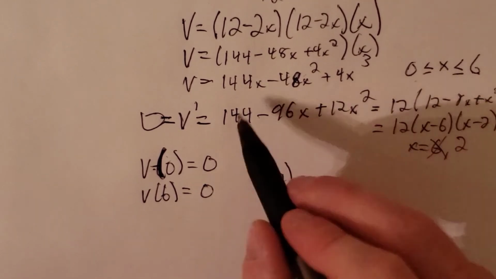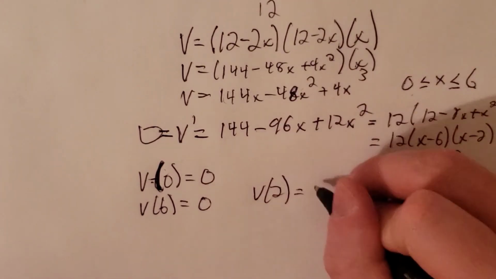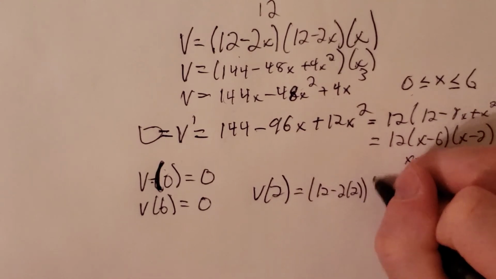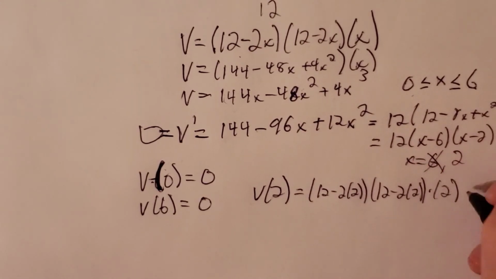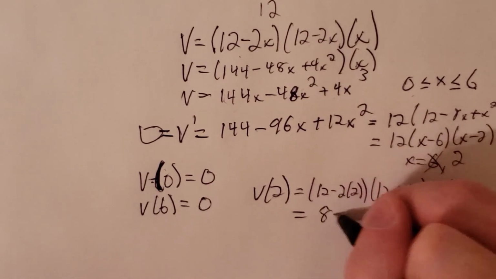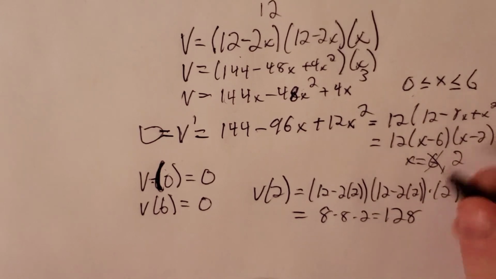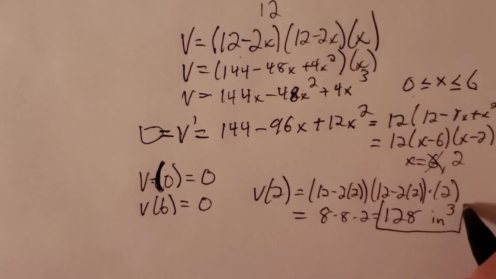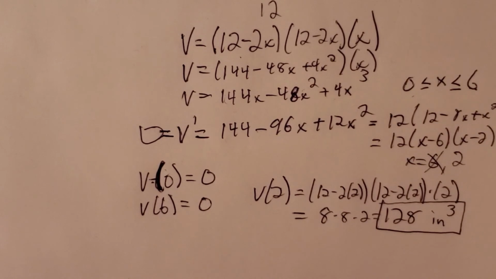We're plugging into the original equation: 12 minus 2 times 2, times 12 minus 2 times 2, times 2. Multiply all this together, we get 8 times 8 times 2, which is 64 times 2, which is 128. And that would be cubic inches. This is larger than, of course, the zeros that we got over here.